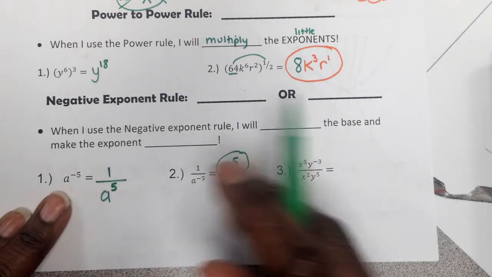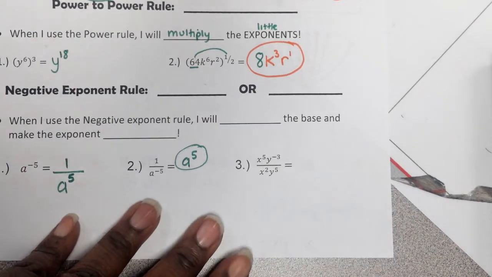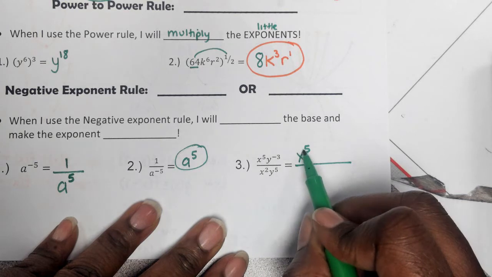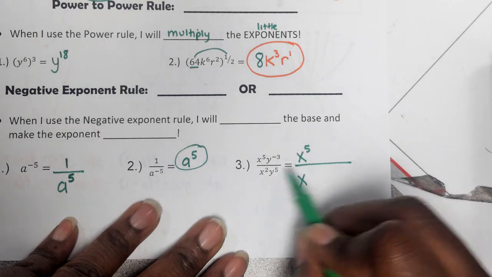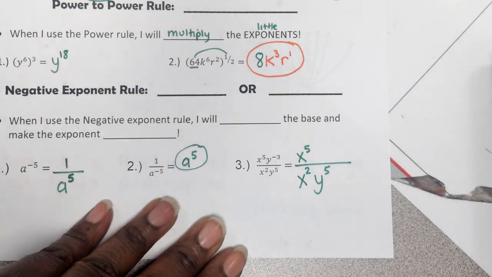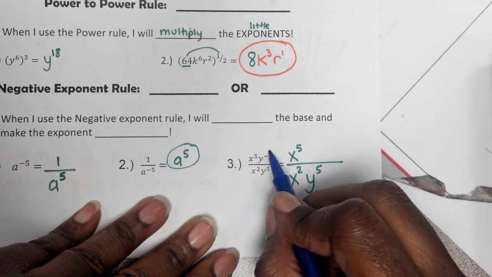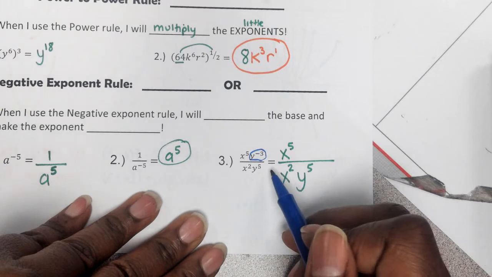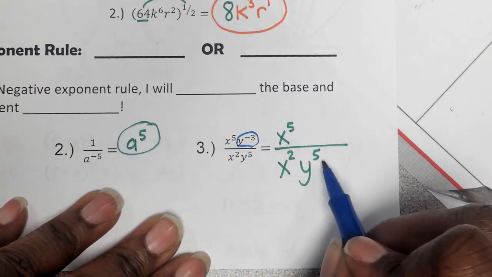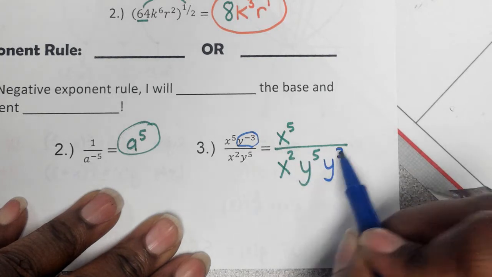Put an invisible 1. Now this one over here, everything that's positive, leave it where it is. X to the 5 is upstairs, keep it there. X squared is downstairs, keep it there. Because it's all positive. The only one you need to move is the one that has the negative exponent. And right now, it's upstairs. So I need to move it down, and then it will become a positive exponent.